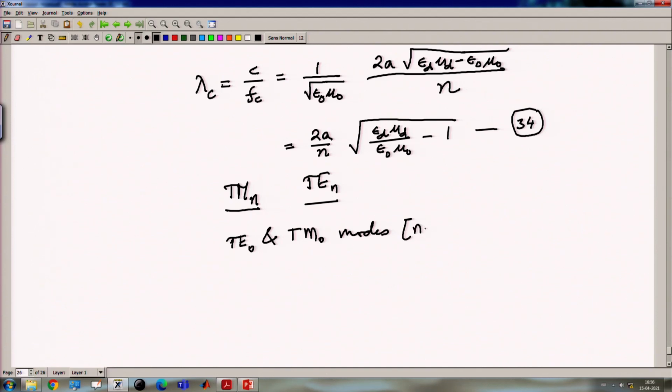For n equal to 0, the corresponding cutoff frequency is 0. So, the TE 0 and the TM 0 modes in the slab possess a 0 cutoff frequency, that is, they propagate right from DC.